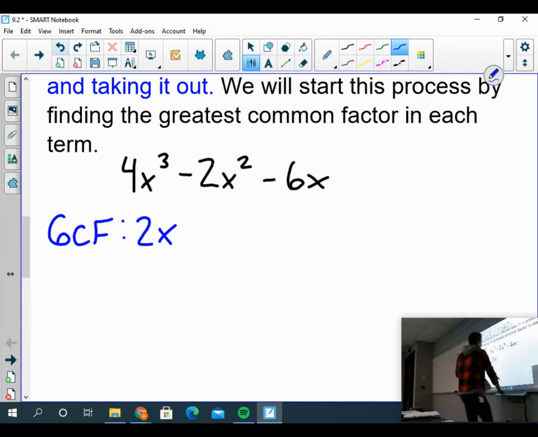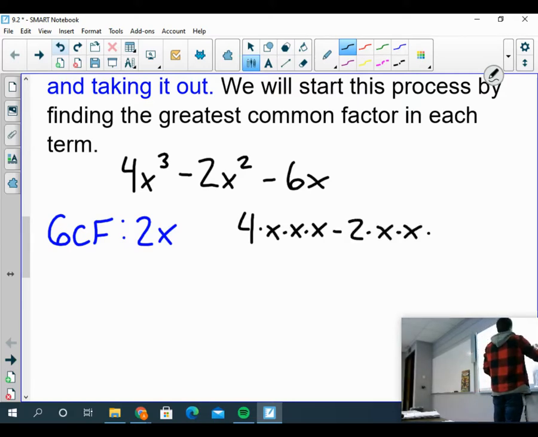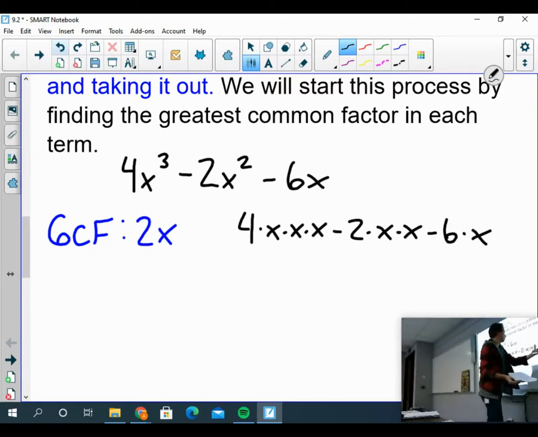Again, if you want to see that visually, go ahead and write out your exponents. When I do that, I can easily see that the greatest common factor that they have in terms of looking at just the variables would be a single x.